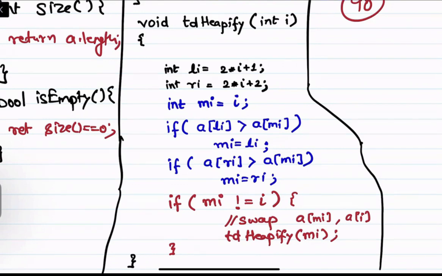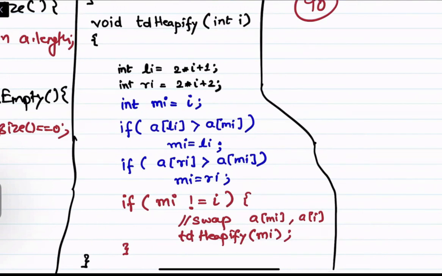Yes, very good point. Krishna has raised a point here. Imagine this is 90, this is 30, or let's say this is 30, this is 90. This is I. Does this I have a right child?